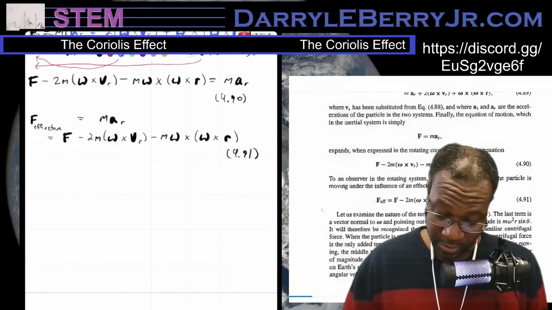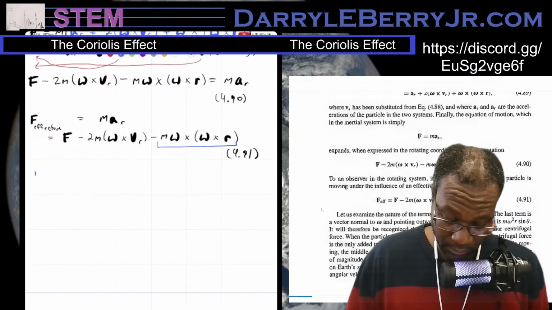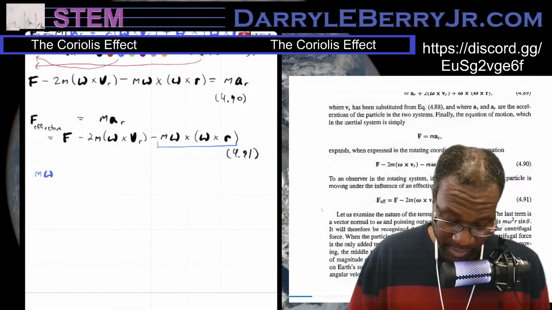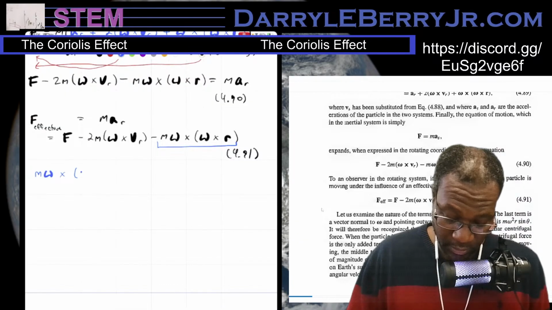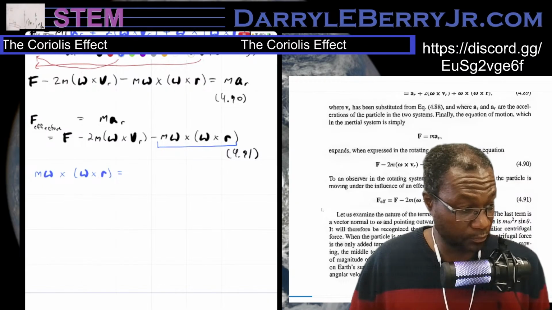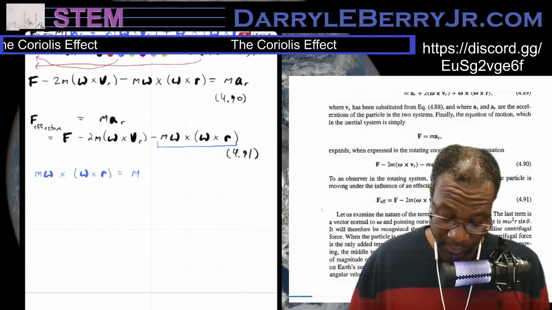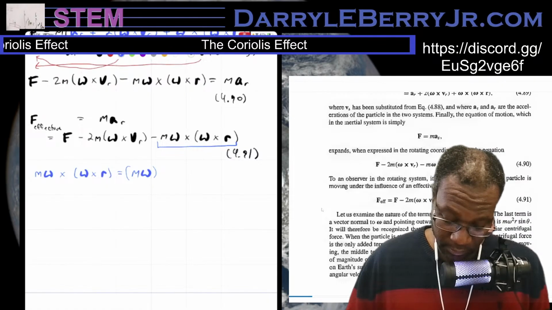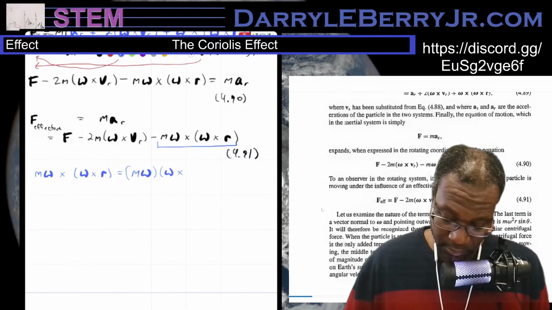So we're talking about this term here, m omega cross omega cross r equals m omega omega cross r sine theta.